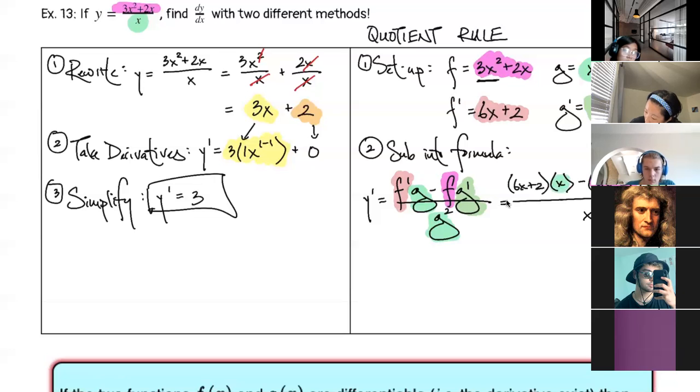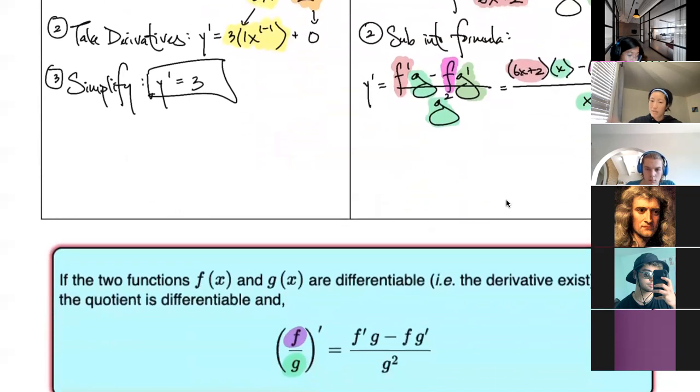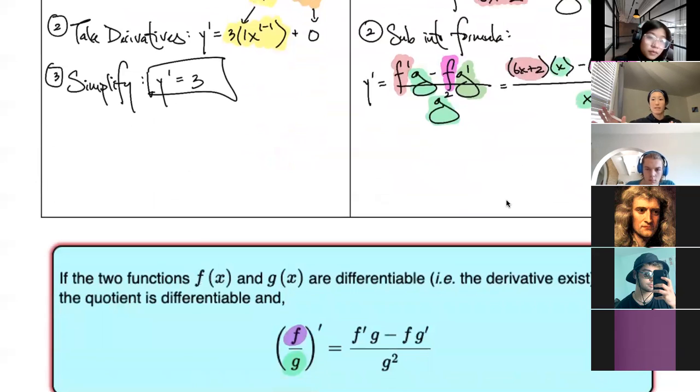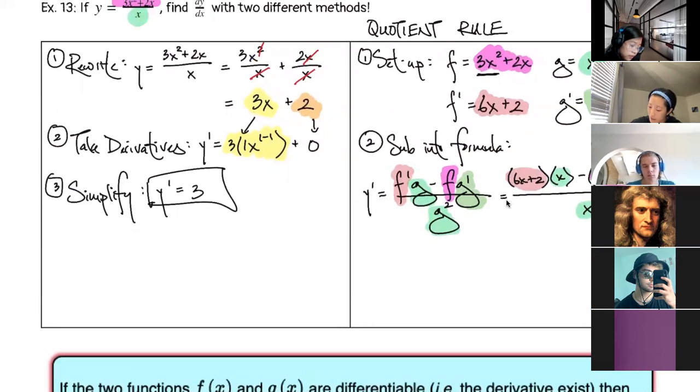Here's our g, which we put in 2 different spots. And here is our f prime. Okay, so let's just make sure we see that this is the same as the formula that we had there. All right. Are there any questions before we go to simplify about where things came from, why these numbers or letters are the way they are?